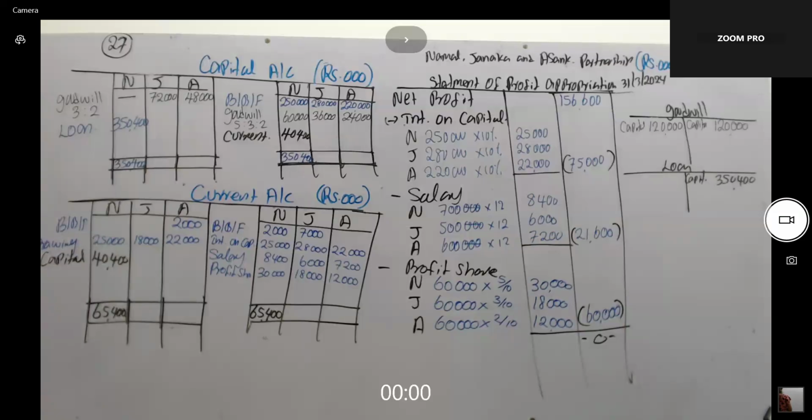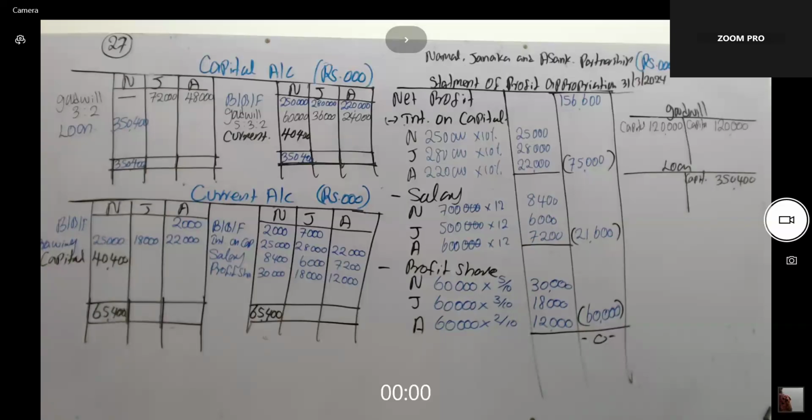In the exam, two ways can come: either the beginning or the end of the year, not the middle. We have discussed the beginning of the retirement already, and now the end of the retirement. Section 42 of the Partnership Act should also be applied. This is a legal requirement.